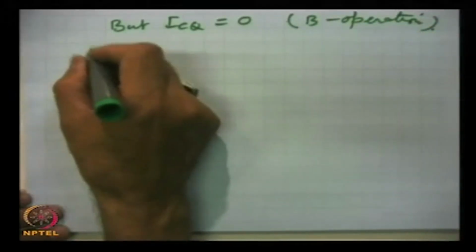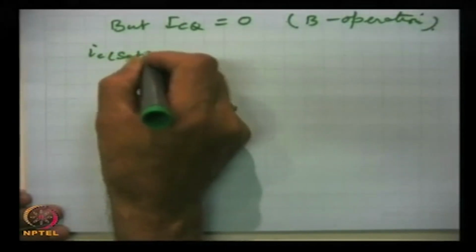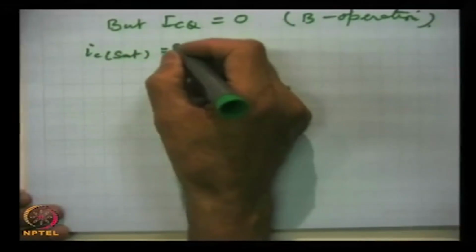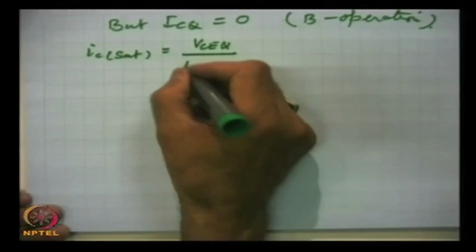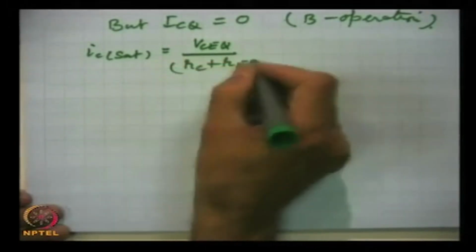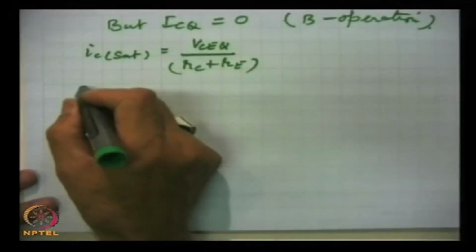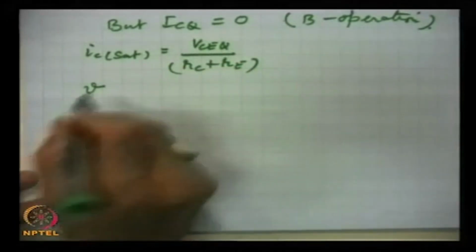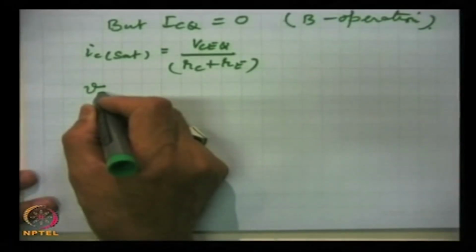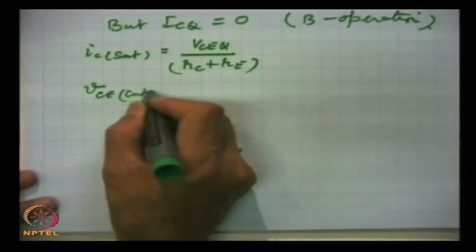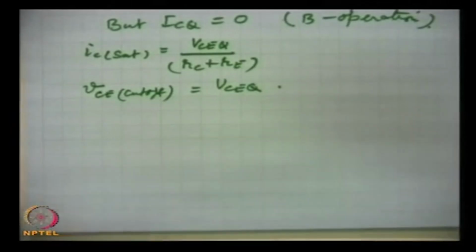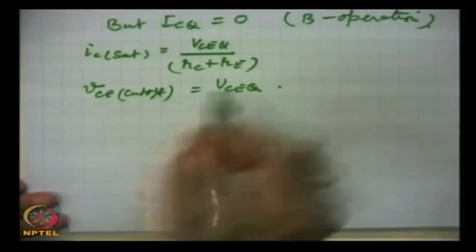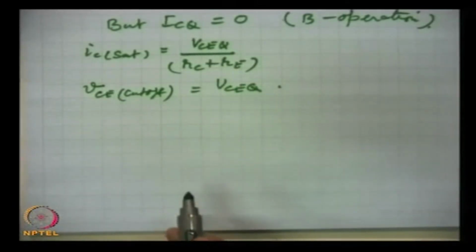Therefore, IC sat is equal to VCEQ by RC plus RE. And similarly, when we substitute ICQ as 0 in the VCE at cutoff equation, we get simply VCEQ.